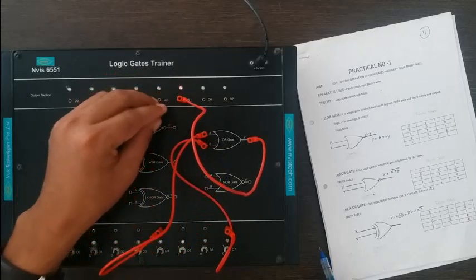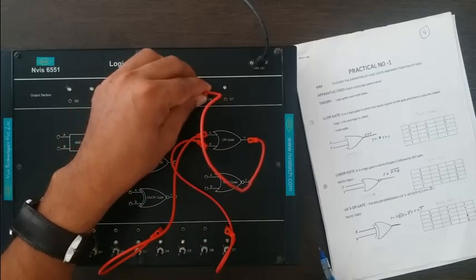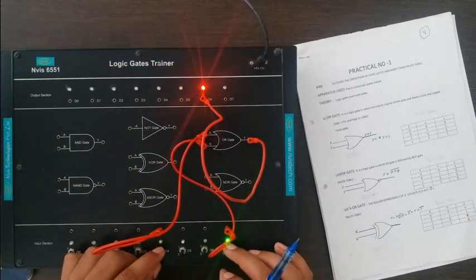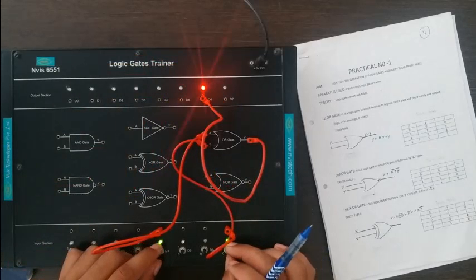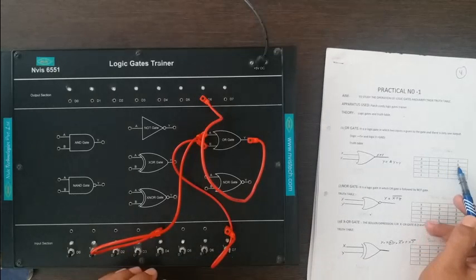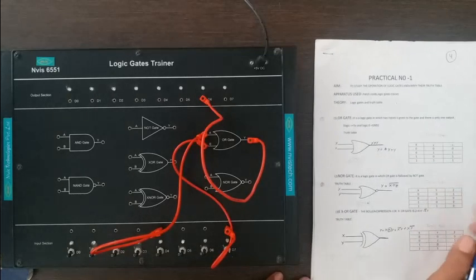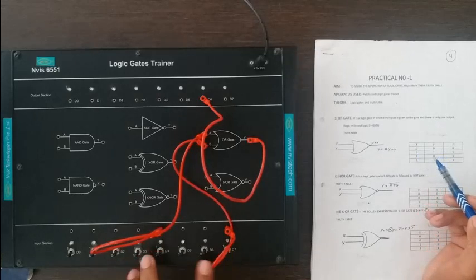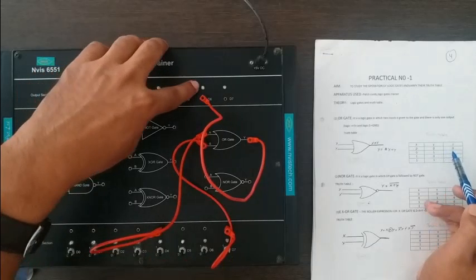When both the inputs are low, means 0 0, your output should be 0.